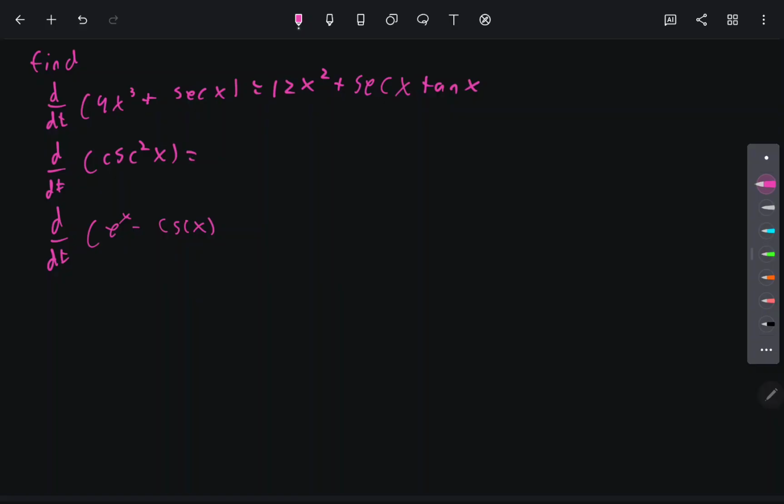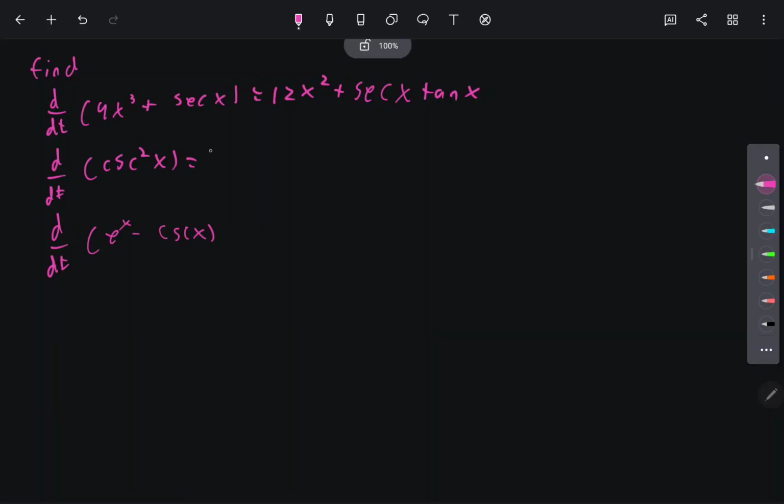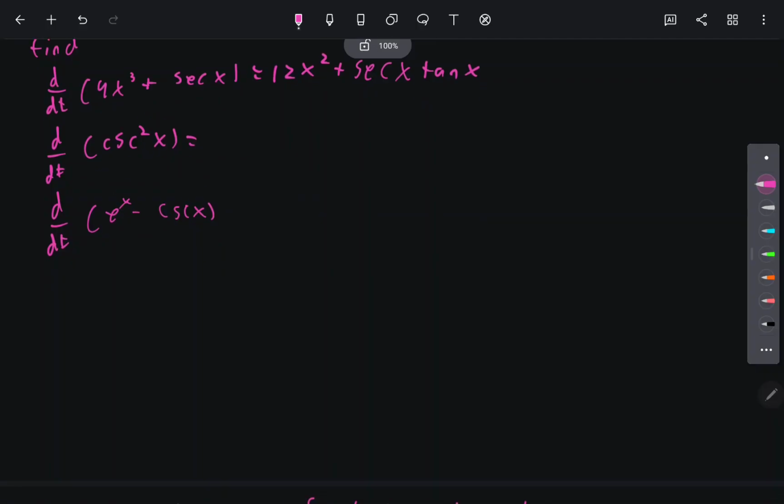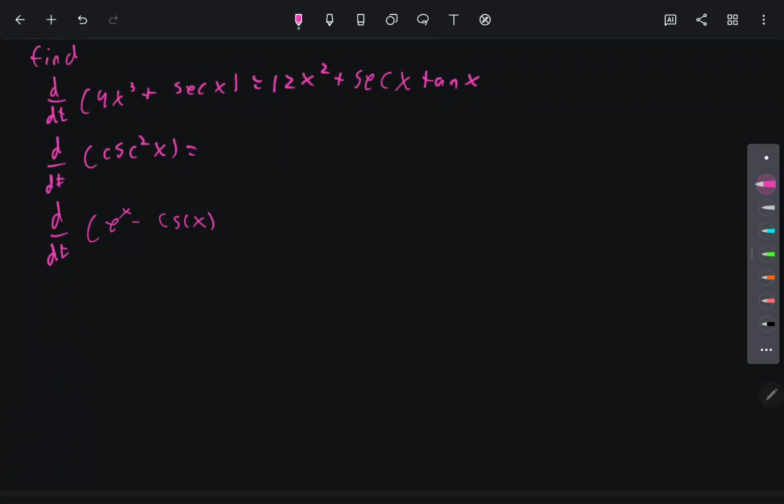For our second problem here, we have the derivative of cosecant squared. Because we don't know the chain rule just yet, we're going to call this cosecant x times cosecant x. Alright? Well, we're going to take the derivative of this, which is now a product rule.